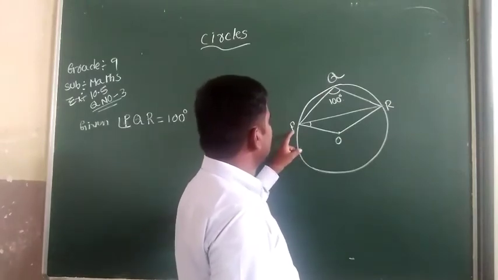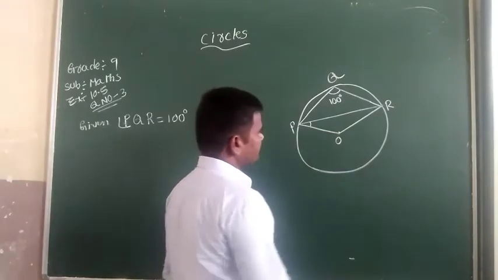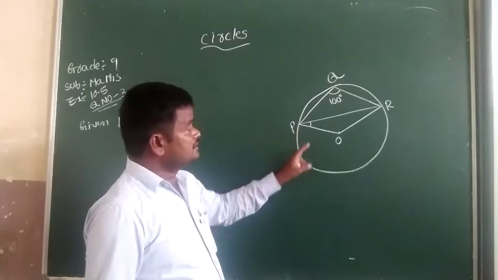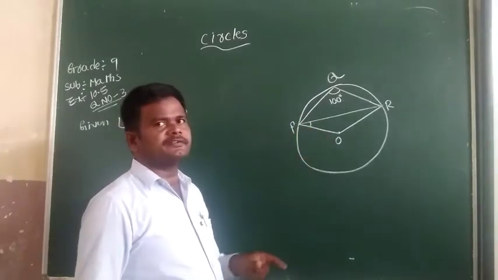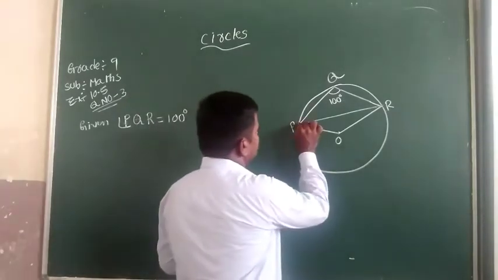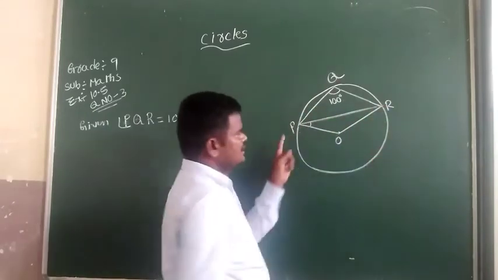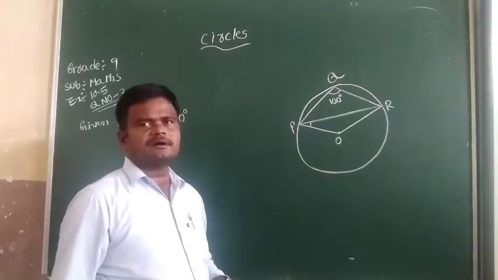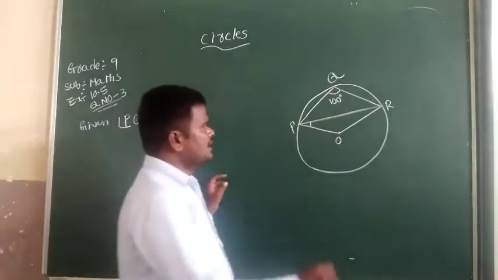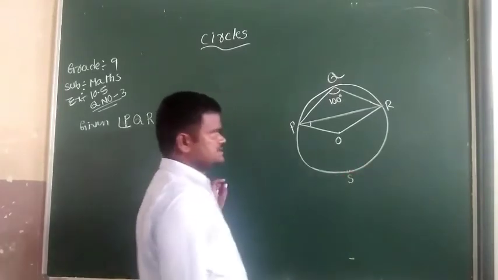And also, here take any point on the circle on the side of the major arc. PQ is the chord, so this is the minor arc and this is the major arc. Take a point S on the circle.